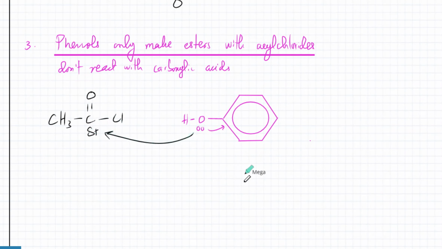Only then can it attract the lone pair back again. Carboxylic acids are not able to do that because you have to pull the electron back.